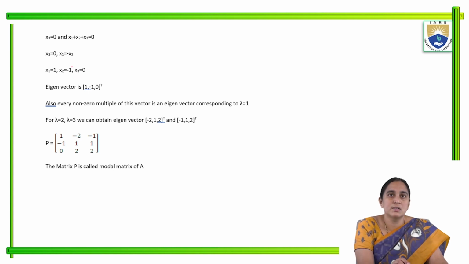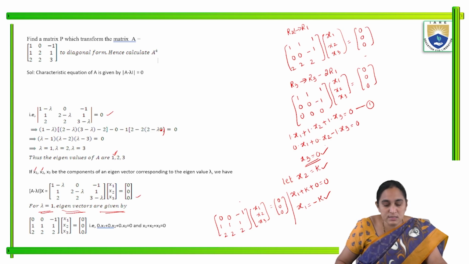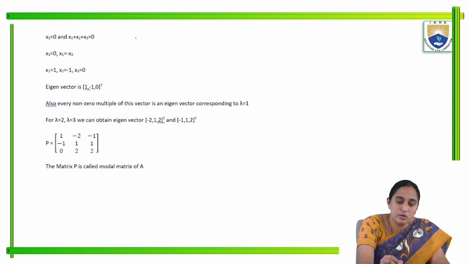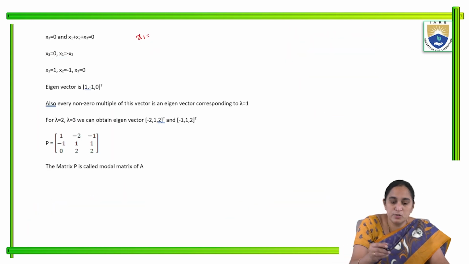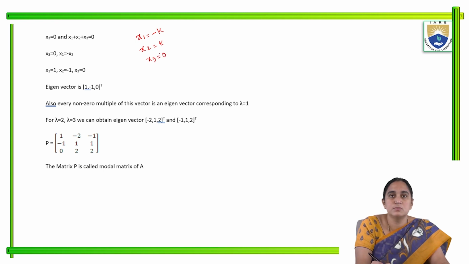This is one concept, or else if you are confused, assume x2 as k, and from that we get the x1 value. So x1 is equal to minus k, x2 is equal to k, and x3 is equal to 0.